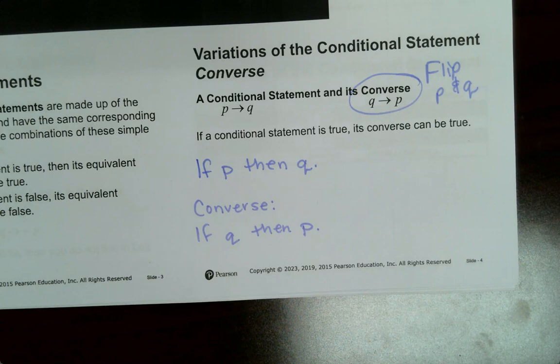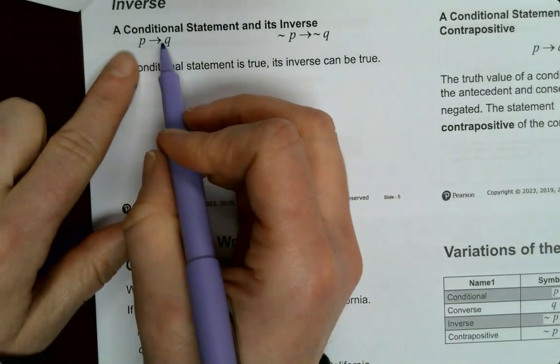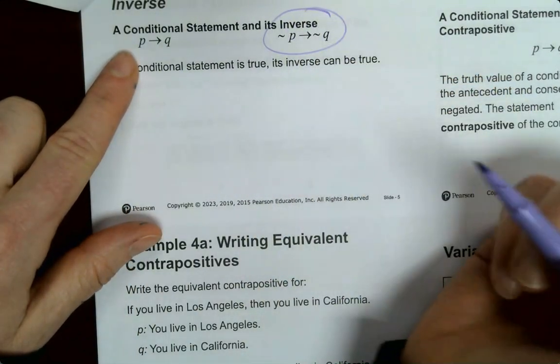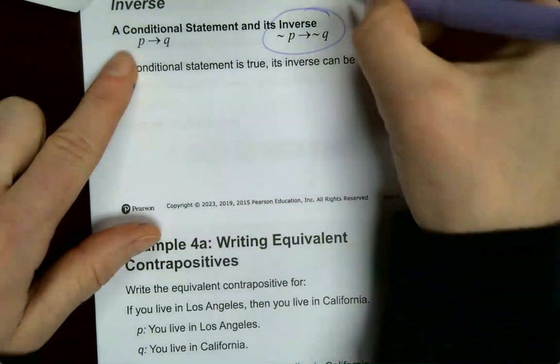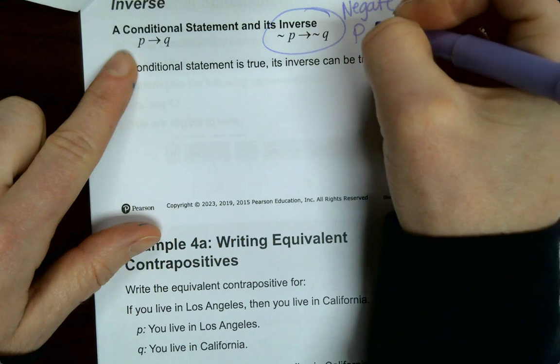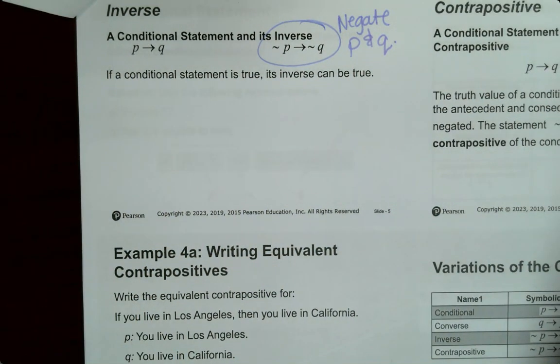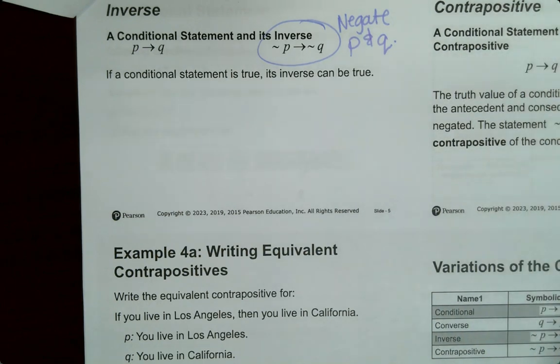Let's look at the inverse statement now. So we have if P, then Q. The inverse is in the same order, but they are negated. Negate P and Q. With converse and inverse, they can be true, but they're not necessarily going to be true. They're not equivalent.